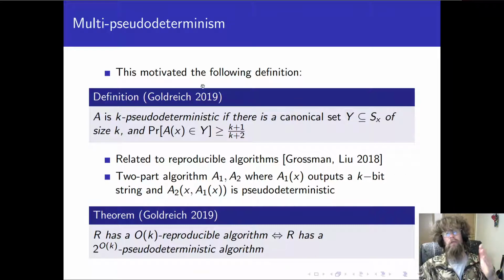And then in the multi-pseudodeterminism paper, Goldreich showed that these are equivalent: order k reproducible is equivalent to 2 to the order k pseudodeterministic, which makes sense because if you could have 2 to the k different strings, that fixes what your canonical set is.